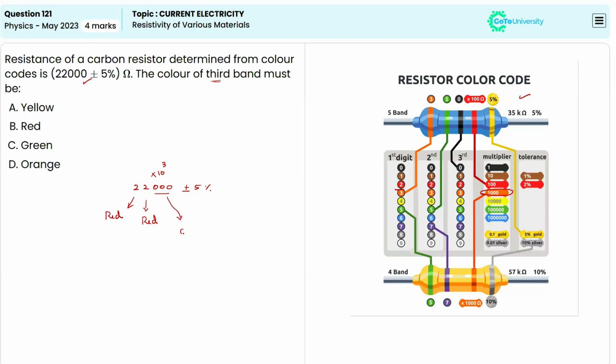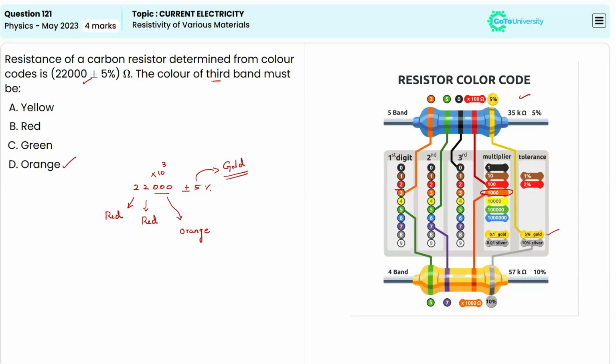So this will represent the orange color, and plus or minus 5% is the tolerance, which is represented by the gold color, right? Here the question is about the third band, so the third band will be the orange color. So the correct answer here will be option D.